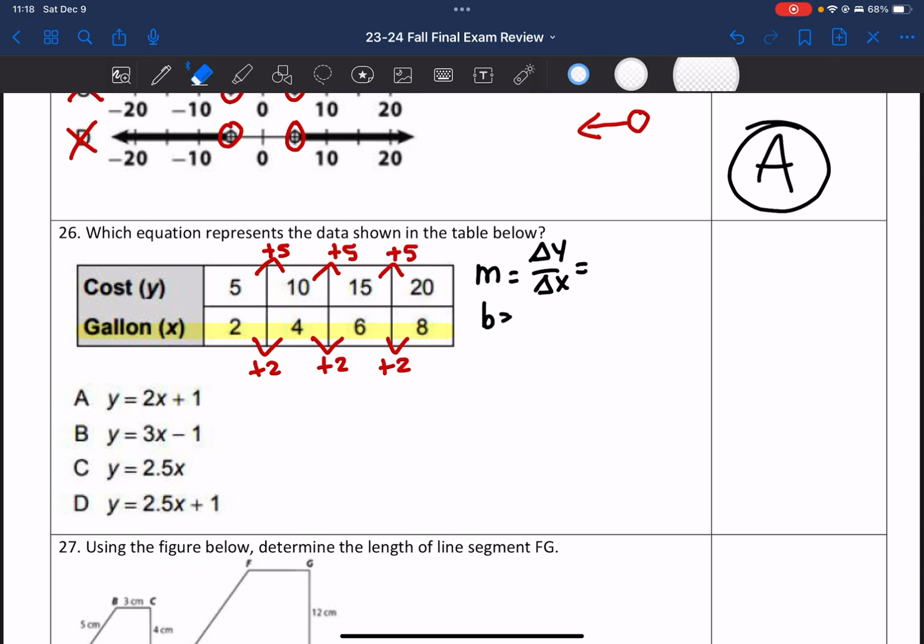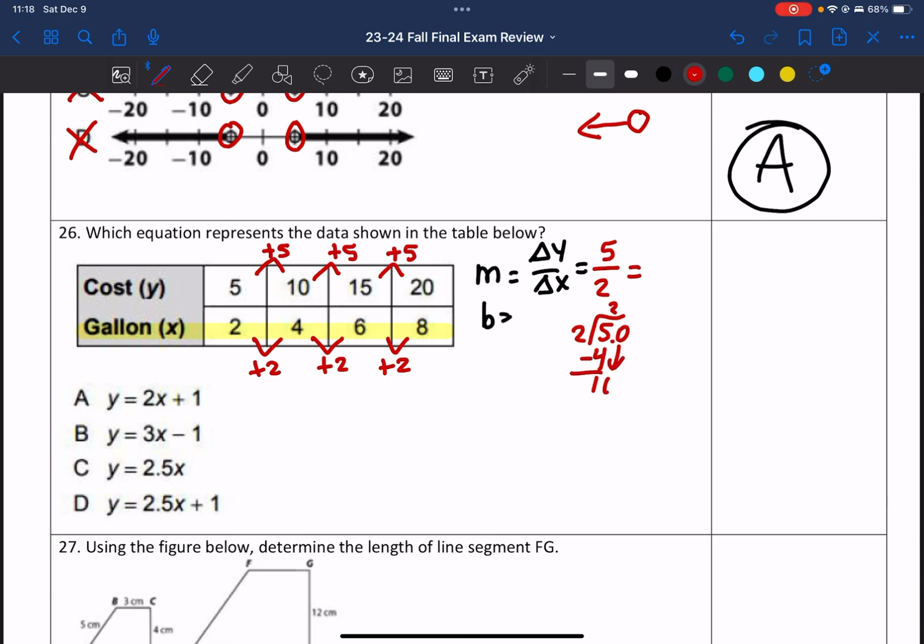So change in y is going to be 5. Change in x is going to be 2. So 5 halves would be what we have. If we were to divide that, 2 can go into 5 just 2 times, that would be 4.